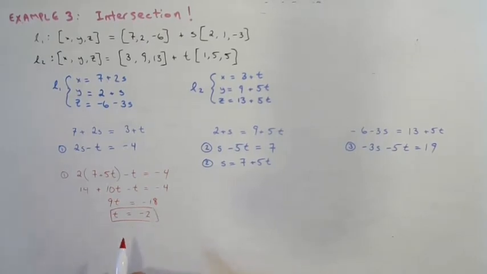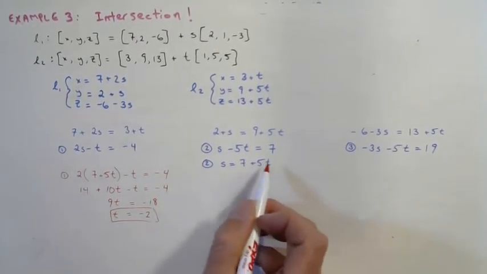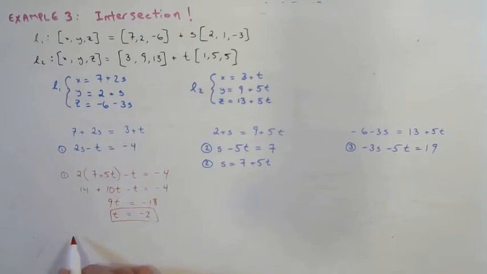Now I can sub that back into my second equation in order to find the value of s. So I've got s equals 7 plus 5 times t, which is now negative 2. That's negative 10 plus 7, which is going to be negative 3.